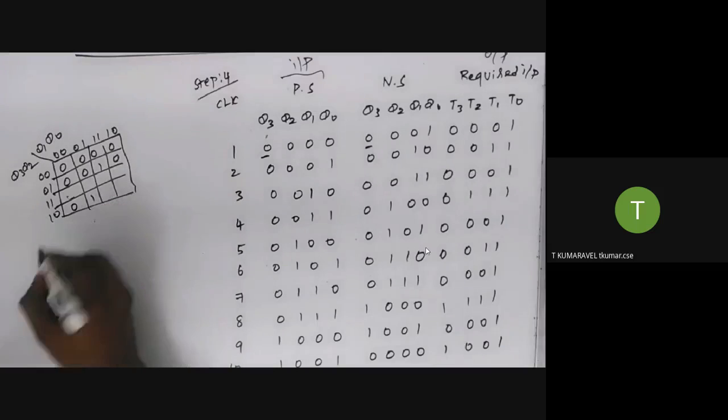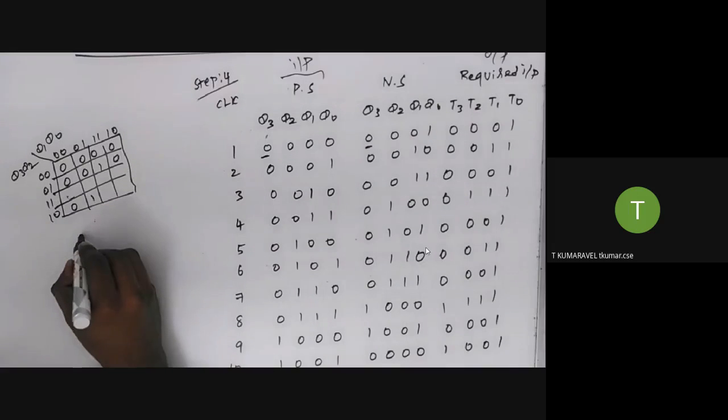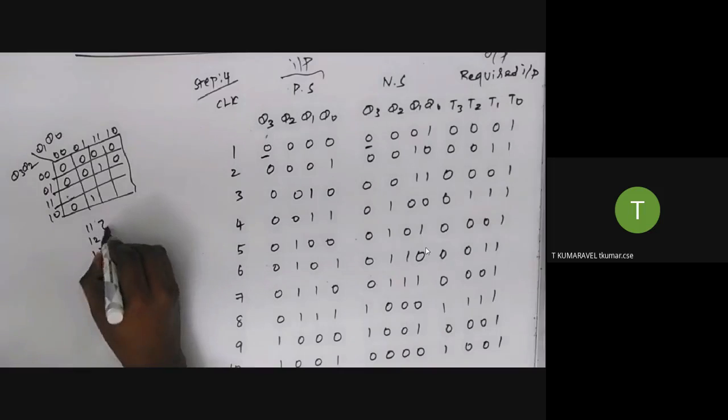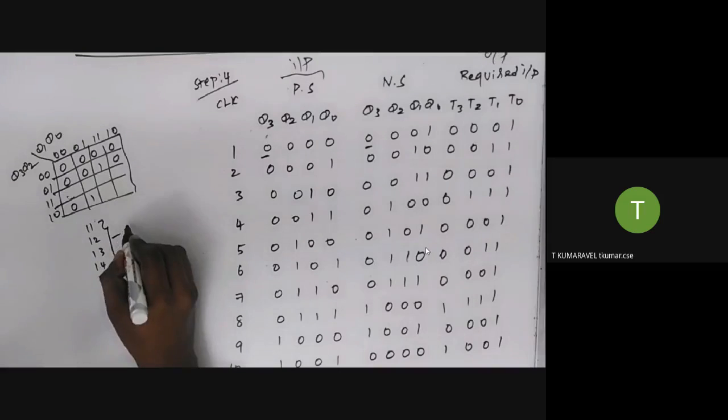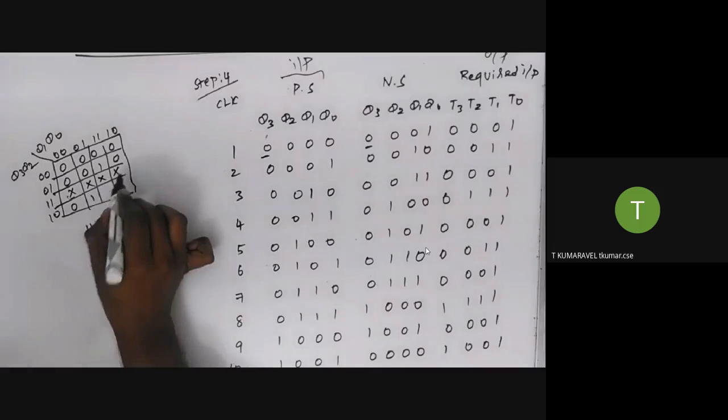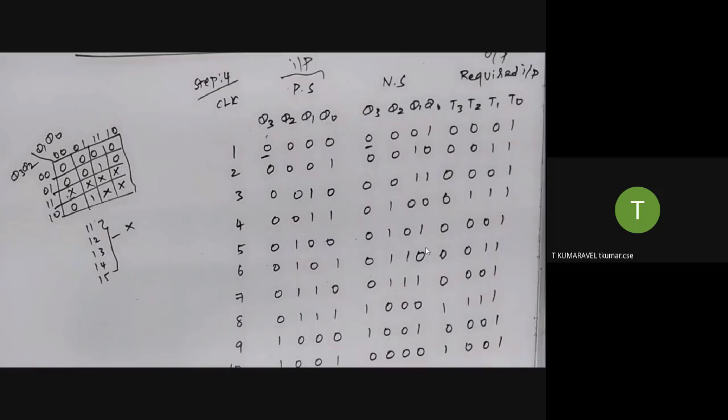So what about the rest of the cases? 11, 12, 13, 14, 15. These are the places where you don't have a value. That's why you treat it as a don't care condition. That's why I fill it as a don't care condition. Okay, is it okay for you?